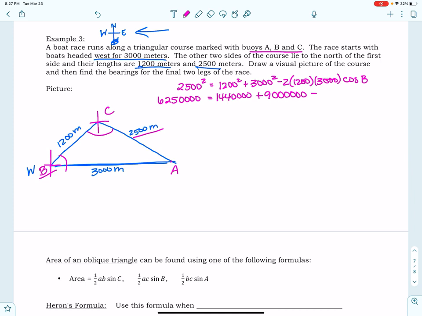2 times 1,200 times 3,000 gives me a really big number. Okay, that's exhausting. All right, so remember, these are like terms because they are constants, so I'm going to add them together. See, I almost forgot a zero.